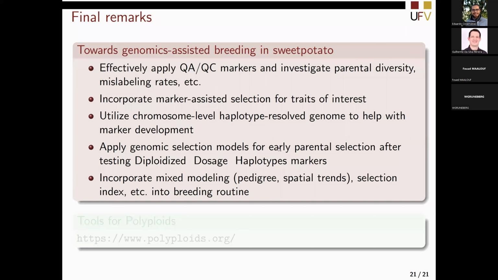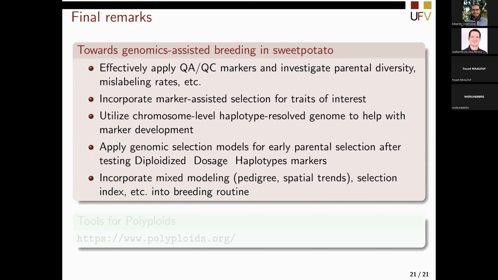So dosage is usually better than diploids, but it seems that for some traits, diploidized calls would be okay, but for some dosage is better, and for some haplotypes is better. But of course, our observations, and that's one of the reasons why I didn't bring it here today, are limited to biparental populations. All right, so we do not have that evidence for more diverse actual breeding populations. That's something we are trying to get right now.